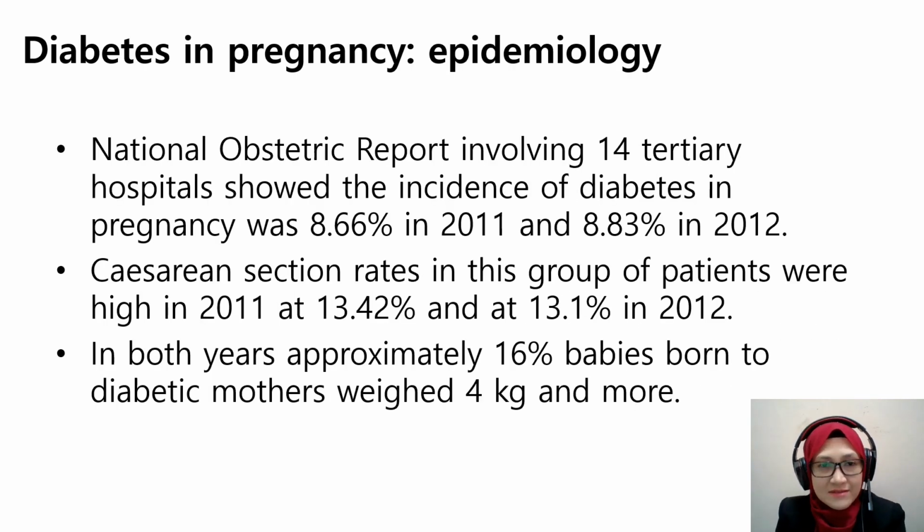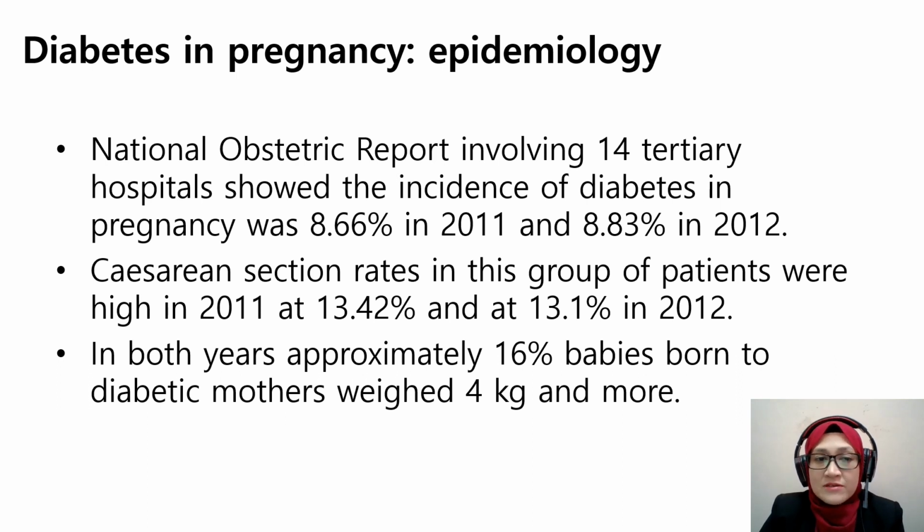For the statistics, it might change over the years, but the latest statistics from the Malaysian National Obstetric Report in 2011 and 2012, the incidence of diabetes in pregnancy is between 8 to 9%, whereas worldwide it can be between 7 to 18%.